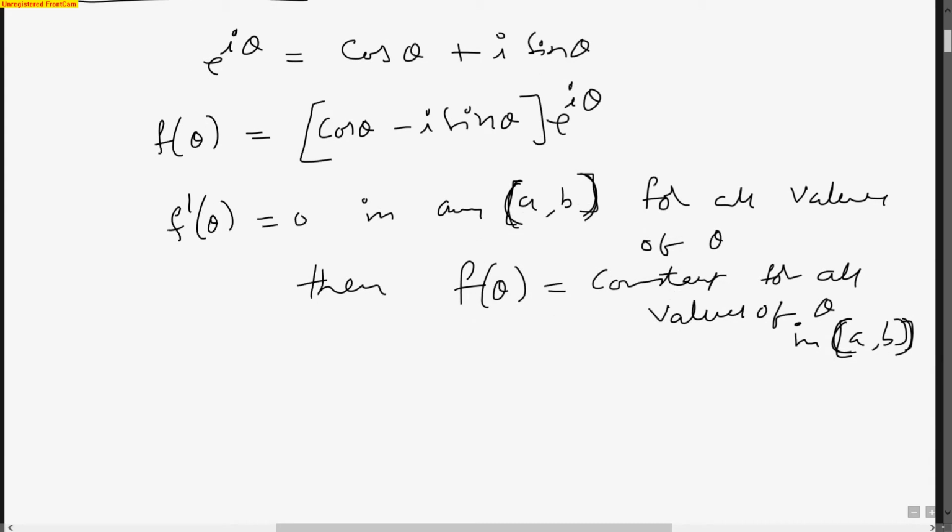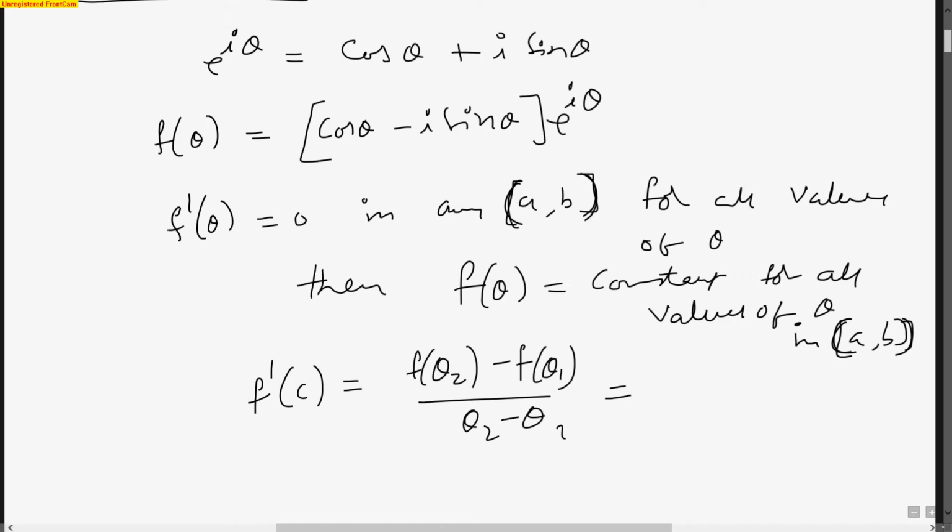Even by using the mean value theorem we can find this rule. What is the mean value theorem? Let us say f prime c is equal to f of theta 2 minus f of theta 1 divided by theta 2 minus theta 1, which is equal to 0.